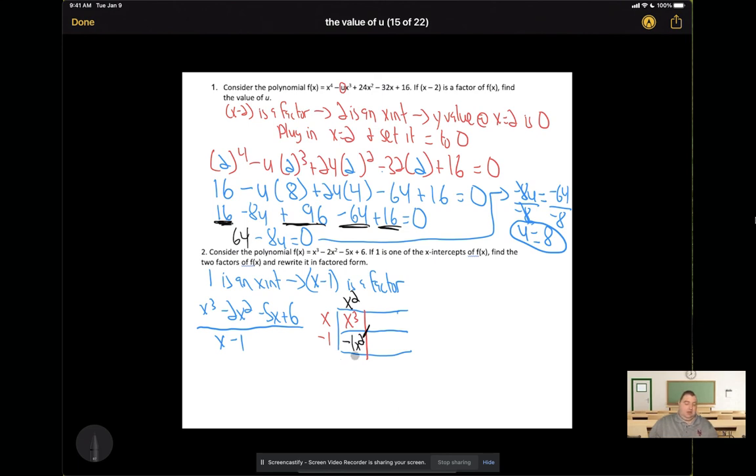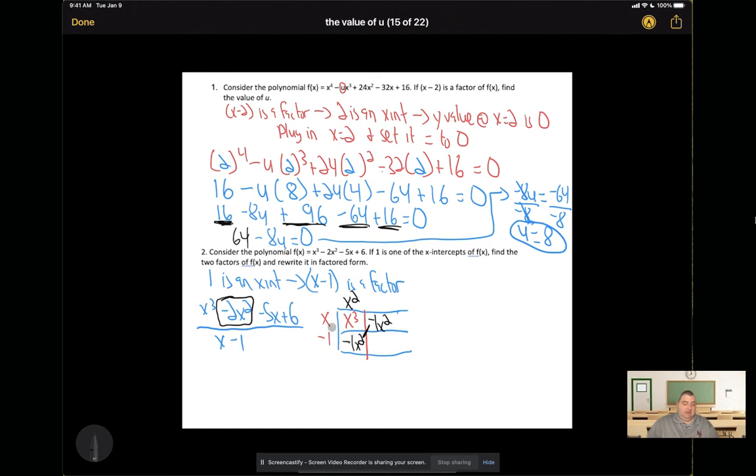So to go here, if I look at my next term, I have negative 2x squared, which means I need to add another negative 1x squared here, right? Because negative 1 plus negative 1 is going to give me a negative 2x squared.